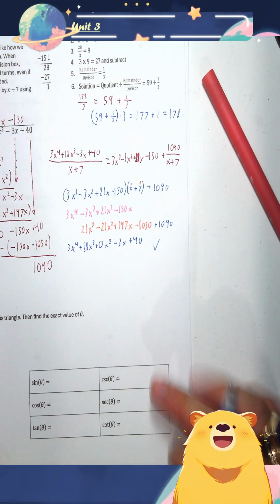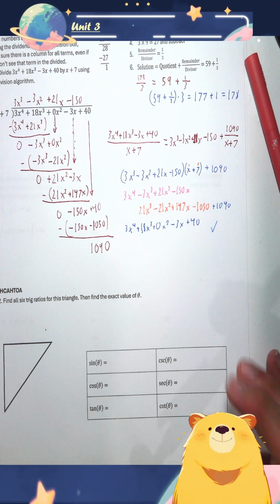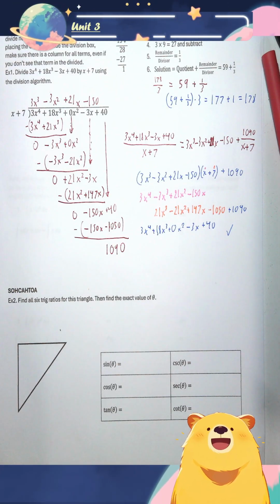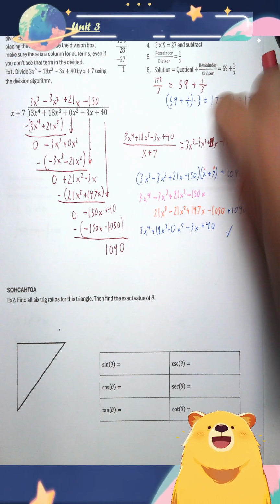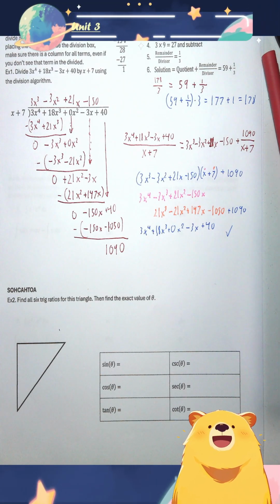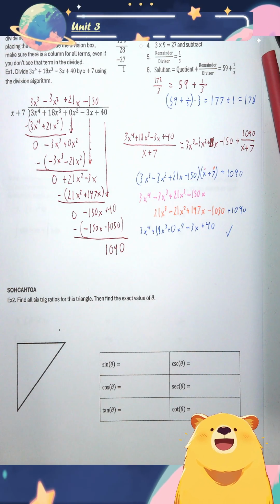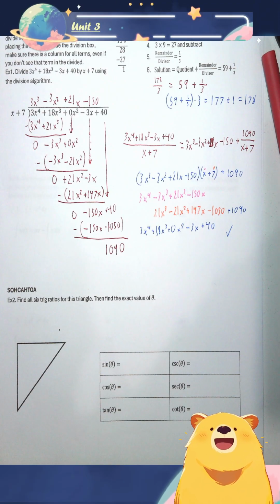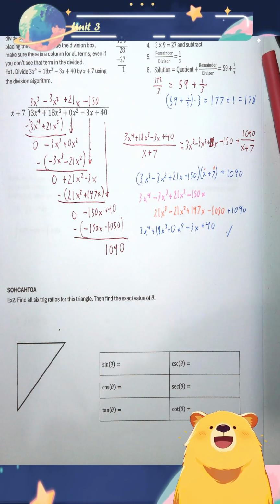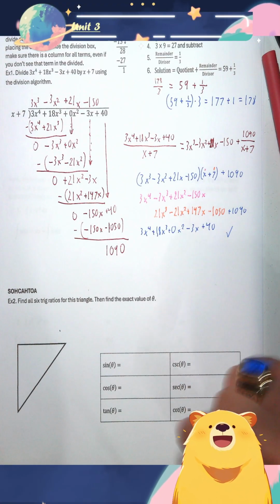And I do indeed get back my result. So just in case you're wondering, how can I double check I have the right answer if I don't have a calculator or ChatGPT or a math solver? You can just go ahead and double check it like this.